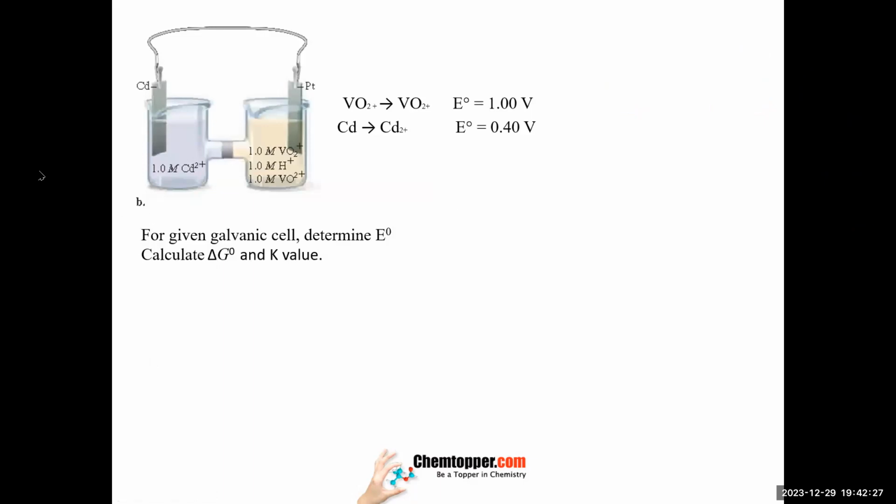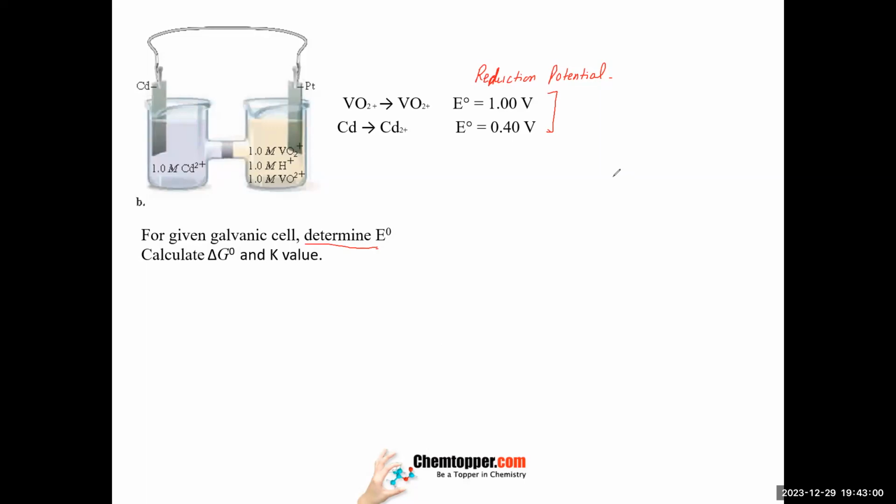First of all, these are reduction potentials. The values are reduction potentials. They are asking you to determine E naught cell. Look at these reduction potentials. Identify which one is anode and which one is cathode.